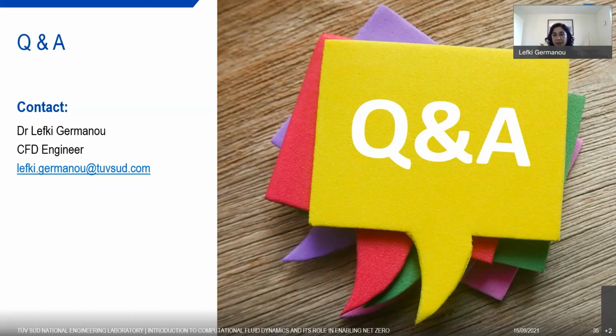So we use SpaceClaim to generate the geometries and manipulate them. And for the post-processing, very often we use CFD Post or Nsight, as well as ANSYS. Sorry, I forgot to mention that for the meshing, we most of the times use ANSYS Fluent as well.